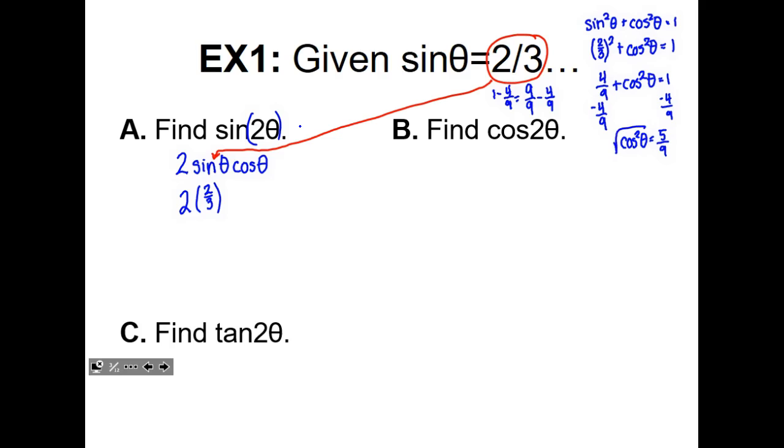And I will square root both sides. So I will get cosine of theta equals square root of 5 over 3. Okay, so cosine of theta is square root of 5 over 3.